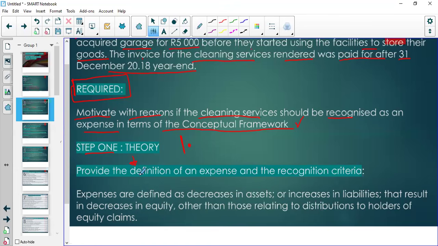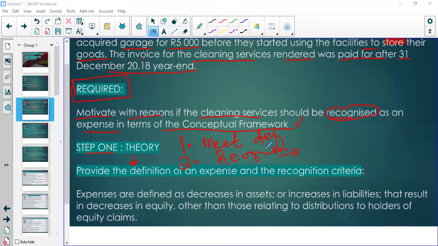But a more comprehensive and complete approach is you need to mention that elements will be recognized if they meet the definition. Right? So it has to meet the definition. So this is what you're going to state. It has to meet the definition as well as the recognition criteria of each particular element that we are looking at.